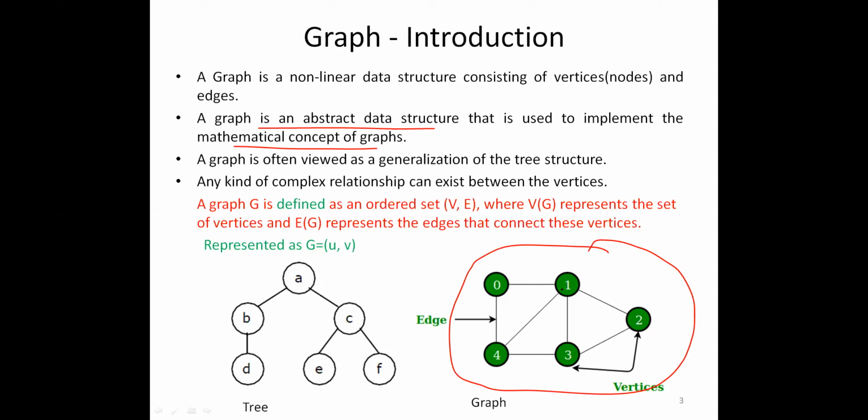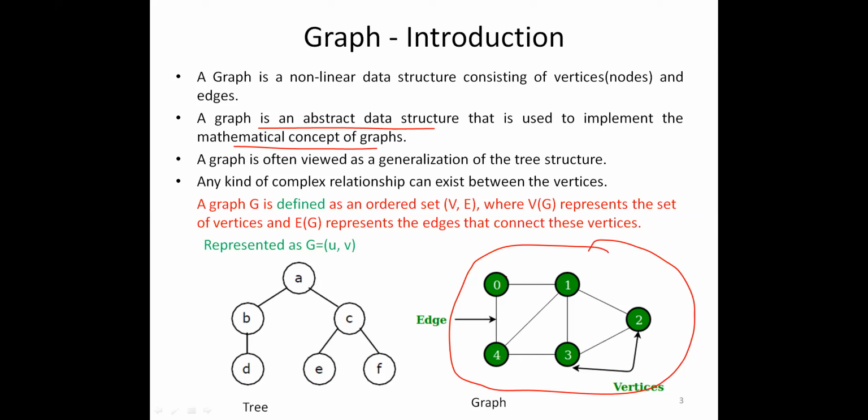Here we have five vertices. The vertices are named 0, 1, like that. They can be numerical as well as alphabets.